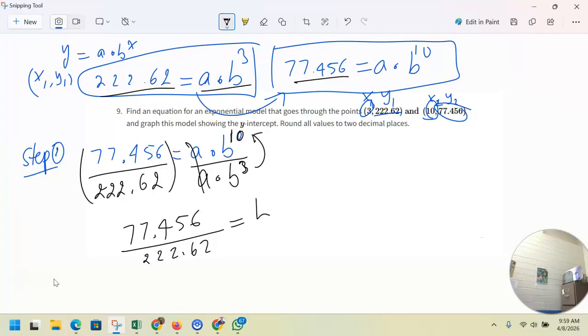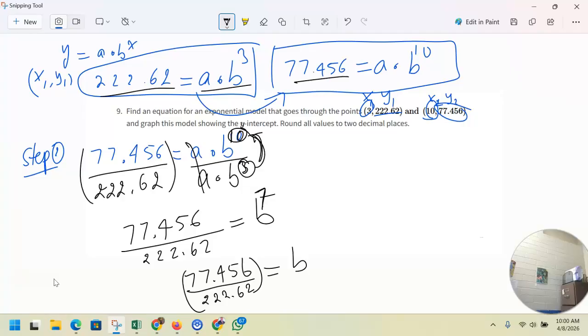And this is b raised to 10 minus 3. 10 minus 3 is 7, and b equals this whole thing raised to 1 over 7.